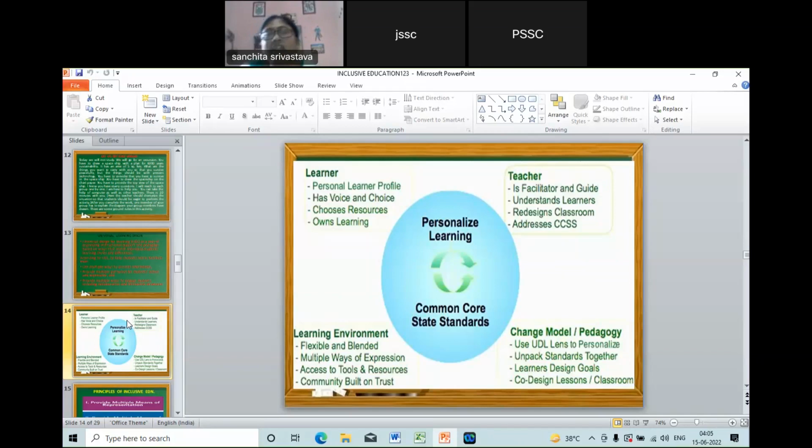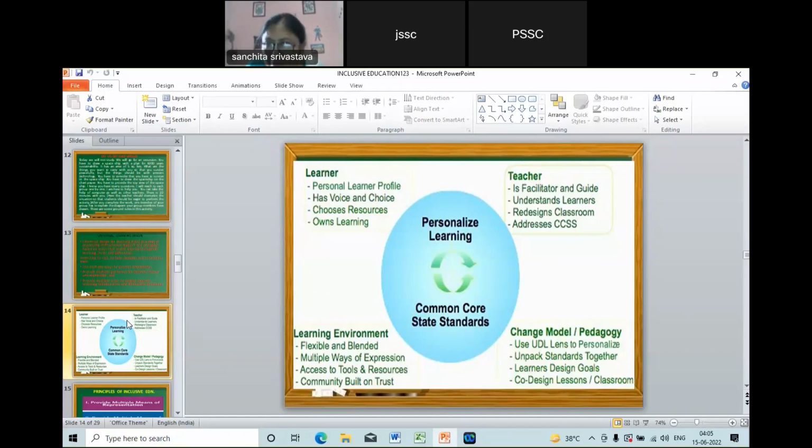But on the other hand, who is a learner? The learner here has a personal learner profile. If you are taking a classroom, every individual student in the classroom is an individual learner with a separate profile.